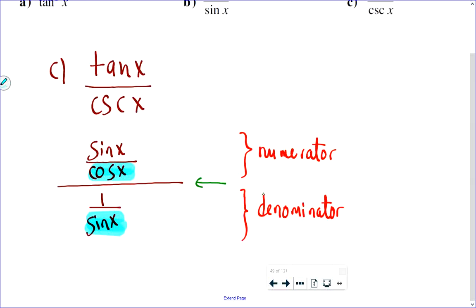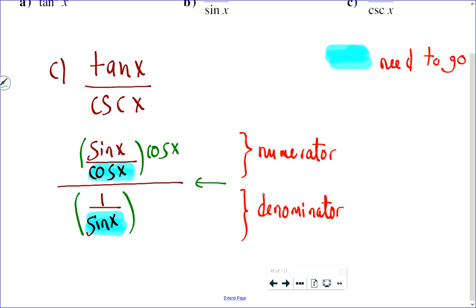So these need to go. That's what it really boils down to. Because if we can get rid of many denominators, the fraction is not complex. It's simple or simpler. So how can I get rid of the cosine of x? Well, I can multiply the top of this and the bottom of this by cosine of x. And I want you to notice where I wrote those cosine of x's.